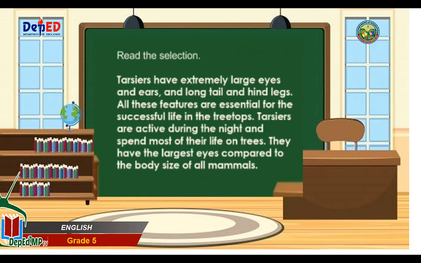Tarsiers have extremely large eyes and ears, and long tail and hind legs. All these features are essential for the successful life in the treetops. Tarsiers are active during the night and spend most of their life on trees. They have the largest eyes compared to the body size of all mammals.